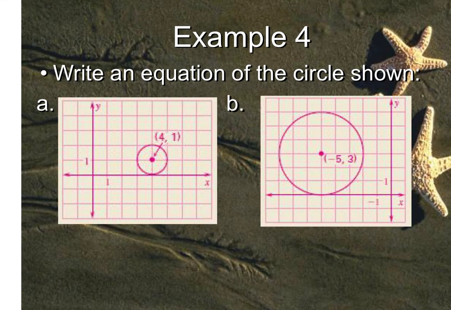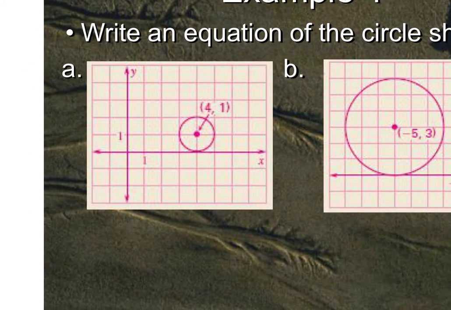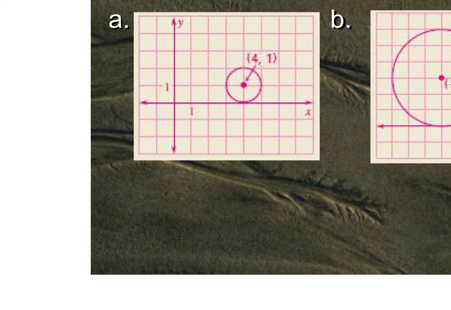Write an equation of the circle shown. So for A, where's my center? It's not in the origin, so we have to use x minus h squared plus y minus k squared equals r squared.